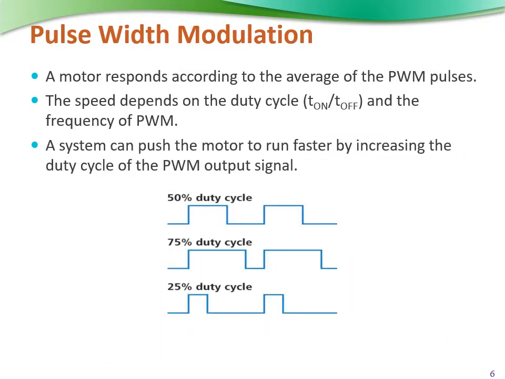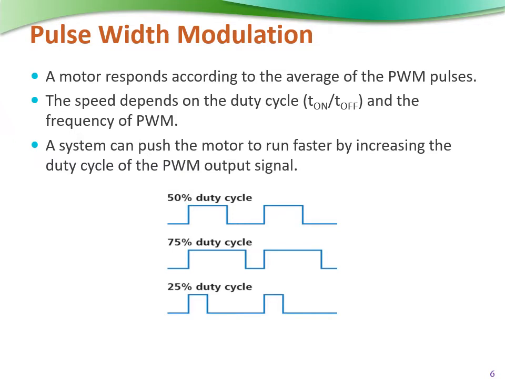Here is more about pulse width modulation. A motor responds according to the average of the PWM pulses, and its speed depends on the duty cycle and the frequency of the PWM signals. A system can run fast or slow by changing this duty cycle as well as the frequency.